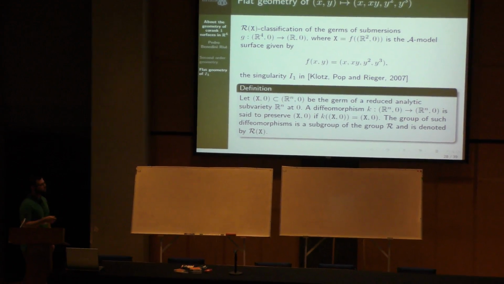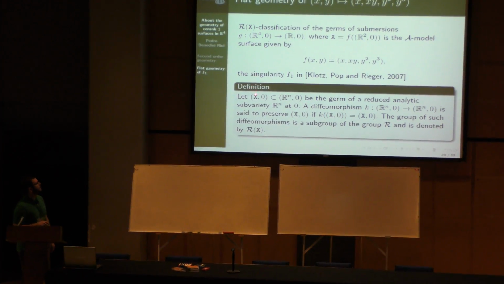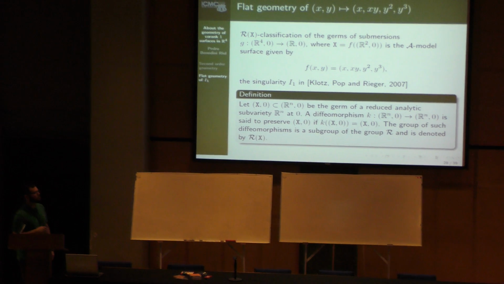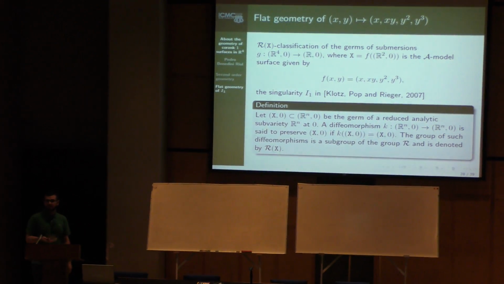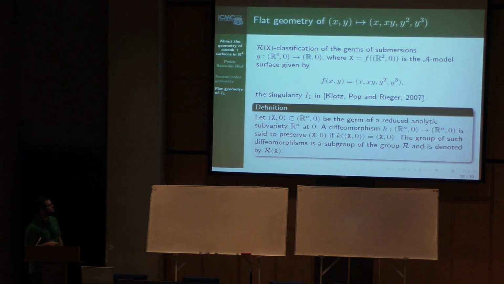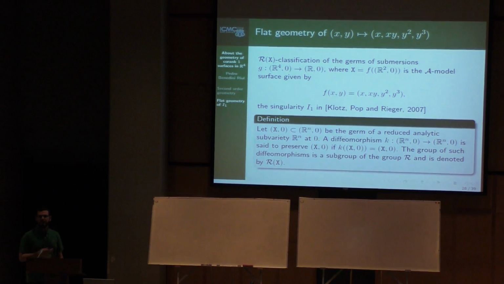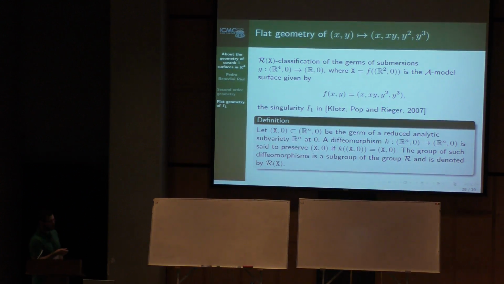First, let me remind you that Rx is a geometric subgroup, in the sense of Damon, of diffeomorphisms that preserve our model variety X.